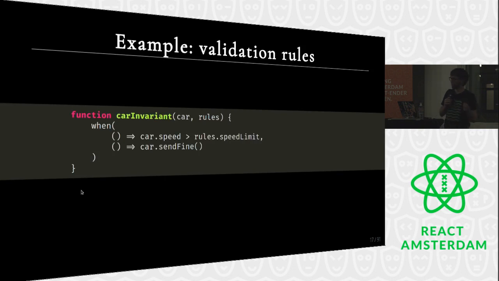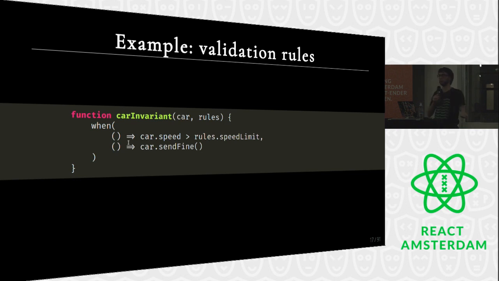One example where that is very relevant is validation rules. Here is a MobX function that tracks the first function, and whenever that evaluates to true, it executes the second one. So we have a function that checks if the speed of a car exceeds the speed limit, and if that happens, then a fine will be sent.